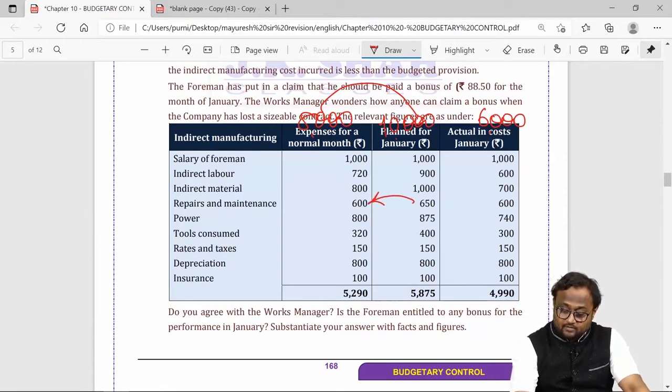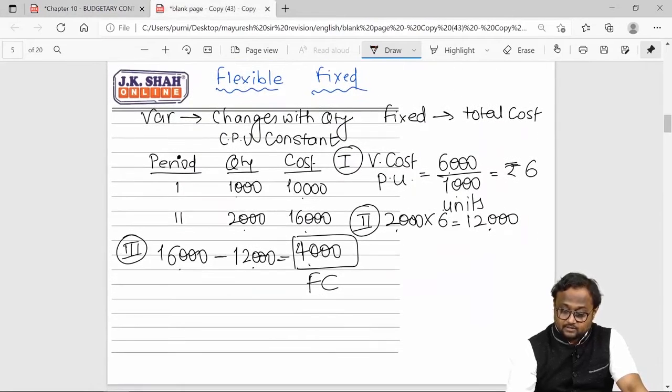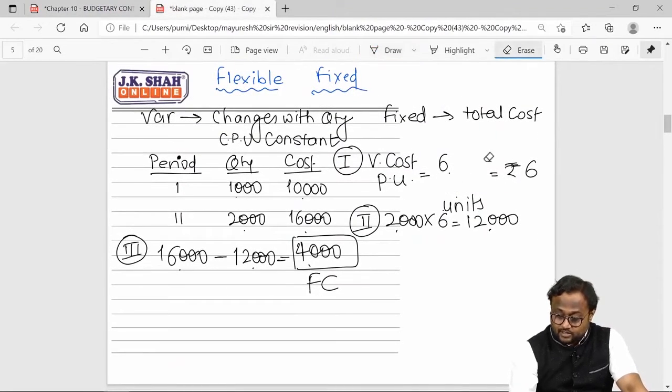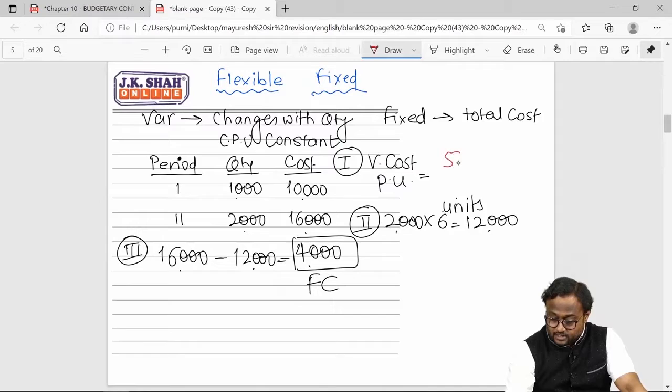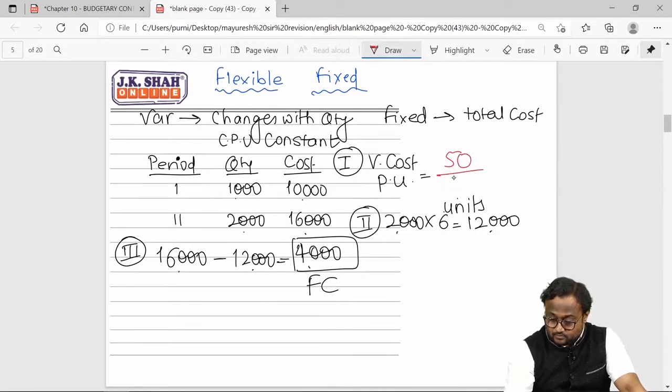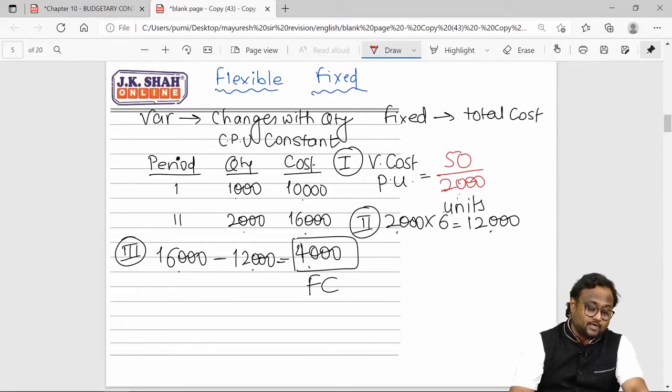50 is the rise in the cost, 2000 is the rise in quantity. So I can use the same table, same data. 50 is the rise in the cost when quantity is increasing by 2000.